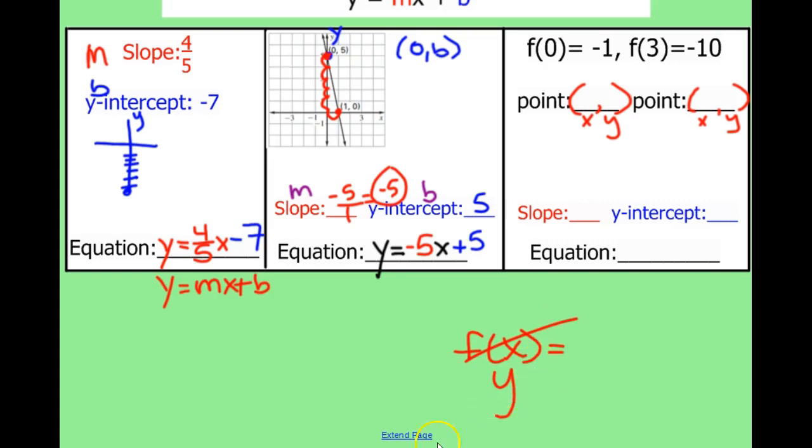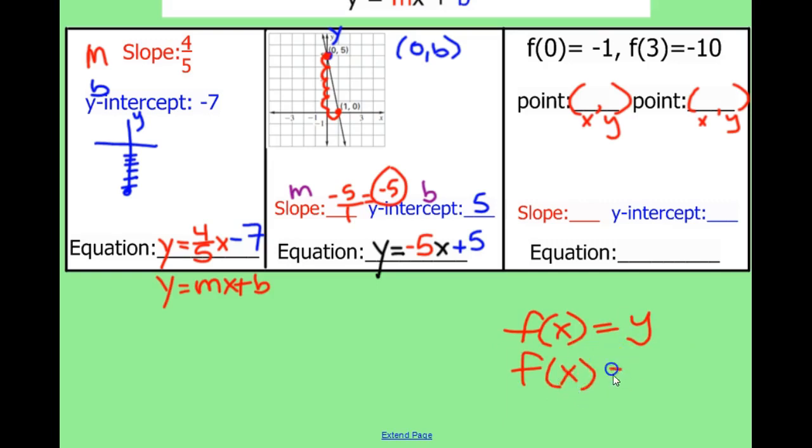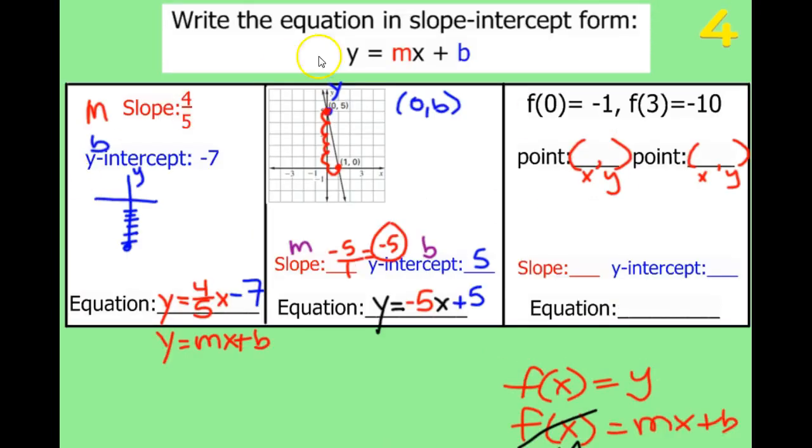So what this really is saying, you guys, is that f of x, or function form, is really y. We learned f of x equals mx plus b, or really y equals mx plus b. That's the equation we know. These really just mean the same thing. F of x is a fancy way of saying y. So here, they're just trying to trick you.